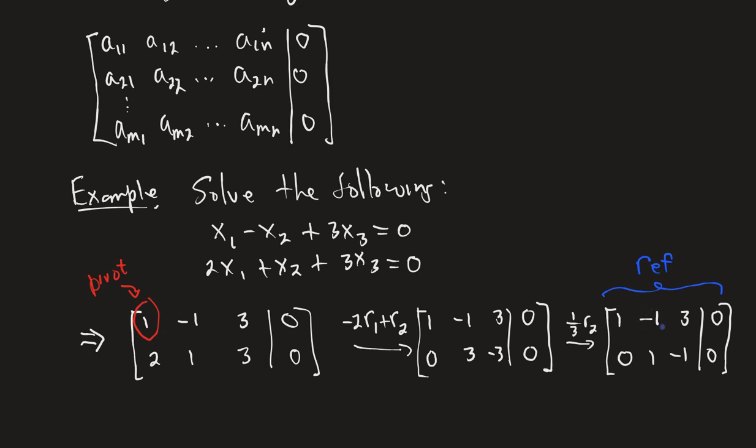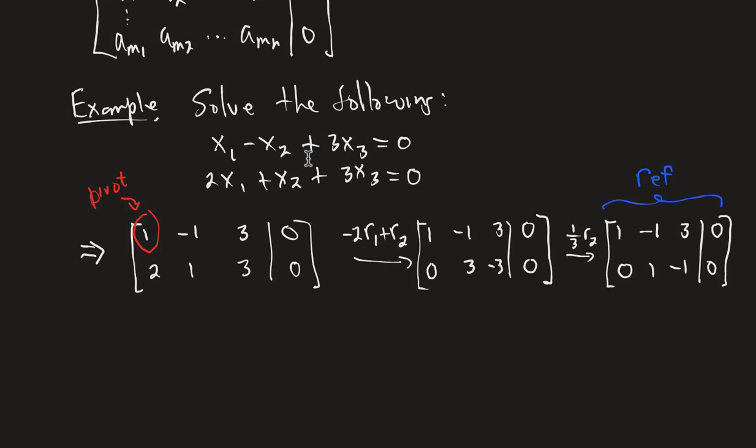So I need to eliminate this. So what I can do is take row 2 and add it to row 1, and then make that my new row 1. So if I do one more operation, right? So if I do row 2 added to row 1, that produces this one.